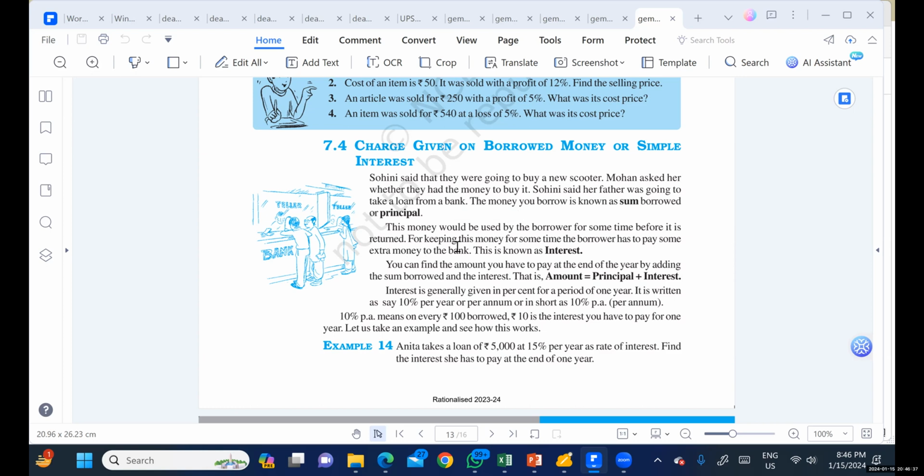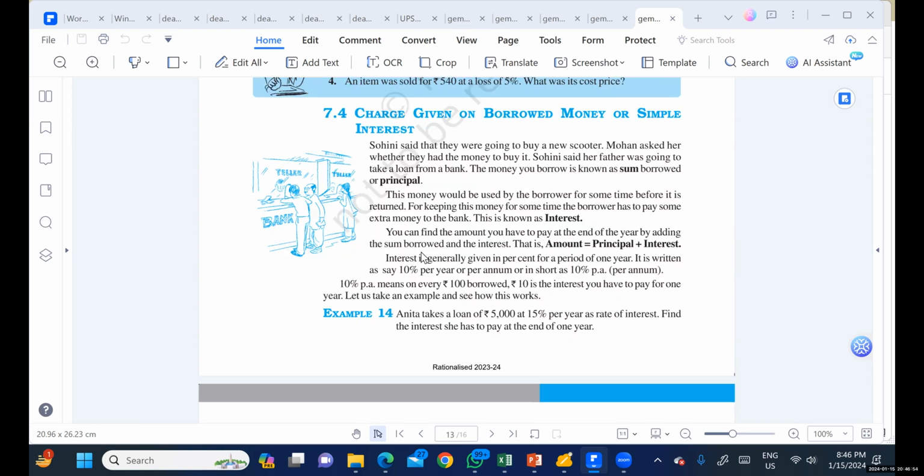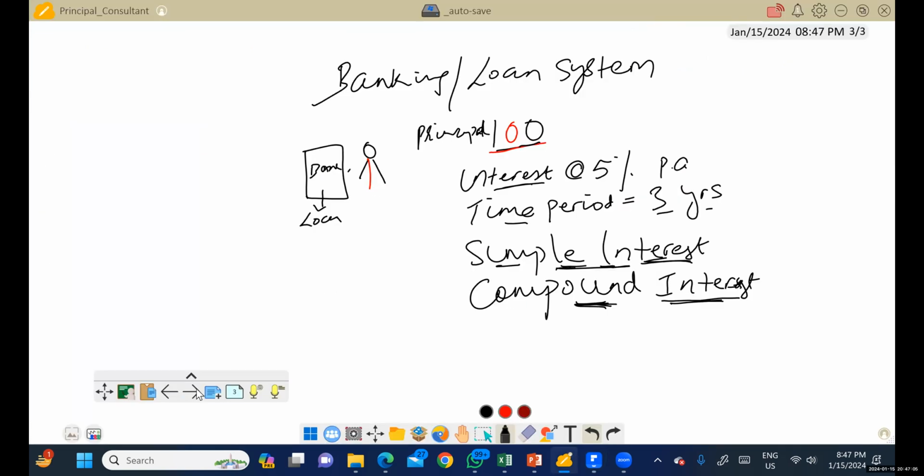This money would be used by the borrower for some time before it is returned. For keeping this money for some time, the borrower has to pay some extra money to the bank. This is the interest. Or we can say the cost of borrowing money is called interest. You can find the amount you have to pay at the end of the year for the sum borrowed as interest. It is called amount, which is equal to principal plus interest. So let's understand this first.